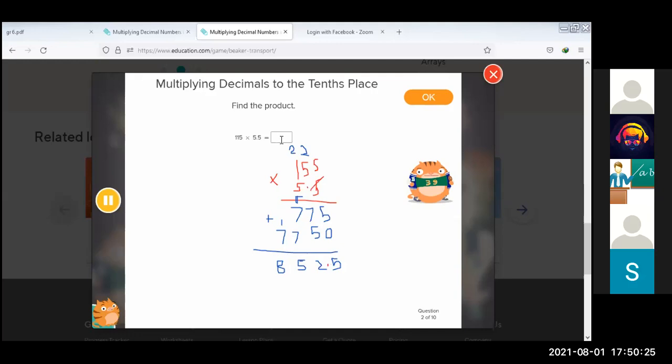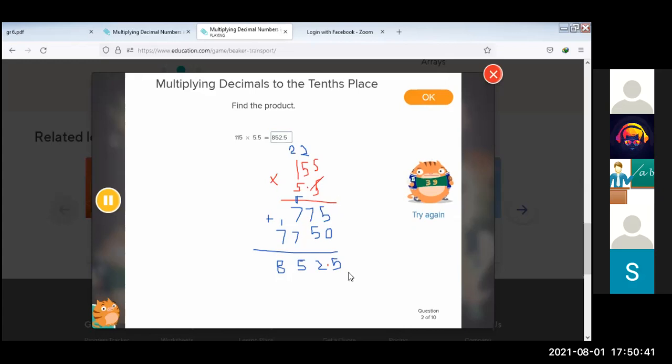So let's write the number to see if it's correct or not. 5852.5, and let's click OK. It said to try again.